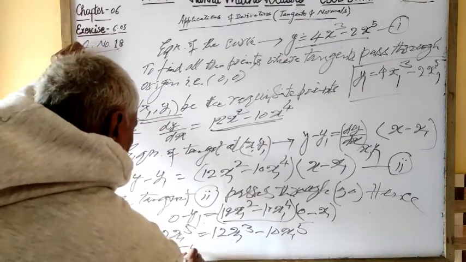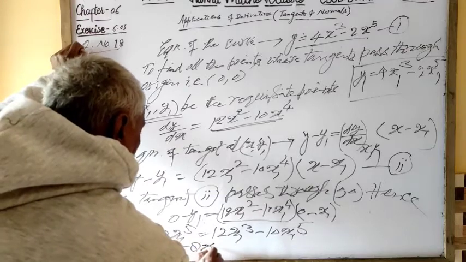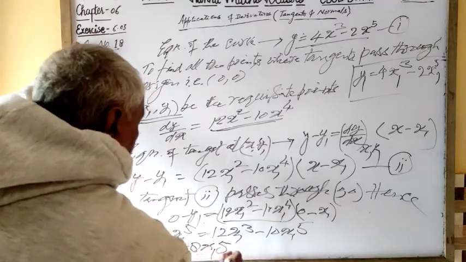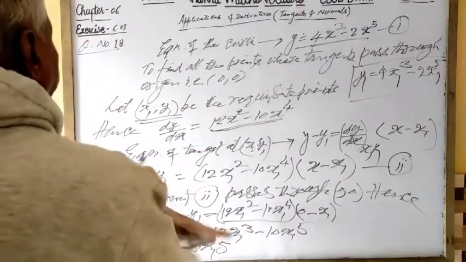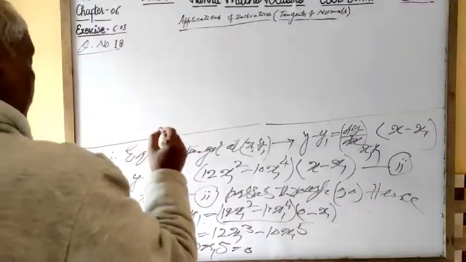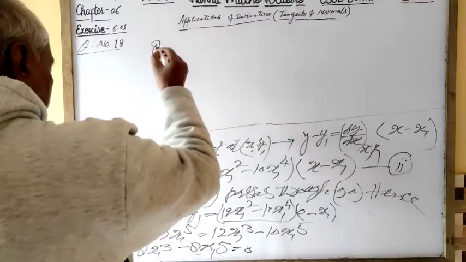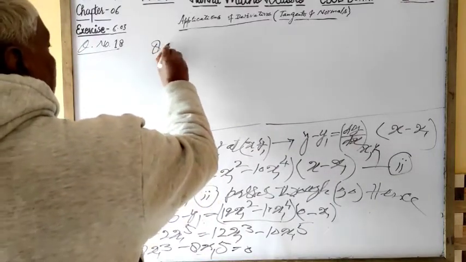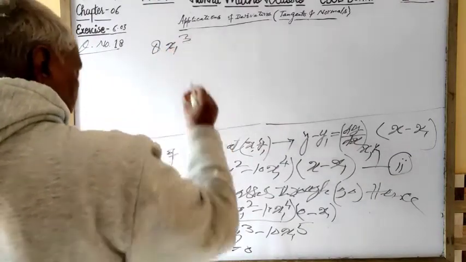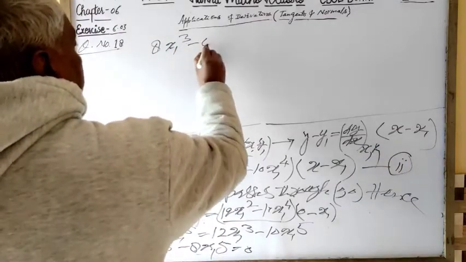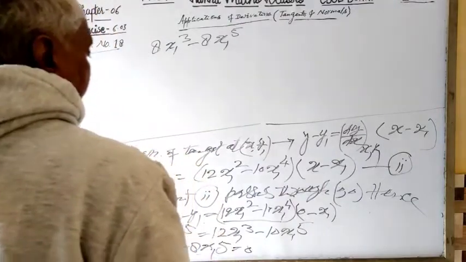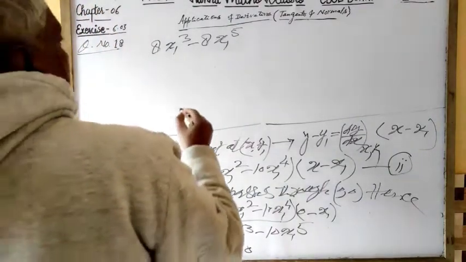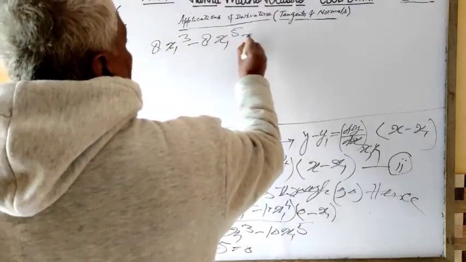This will be equal to minus 8x1 to the power 5, and due to lack of space we will rewrite again: 8x1 cube minus 8x1 to the power 5 is equal to 0.